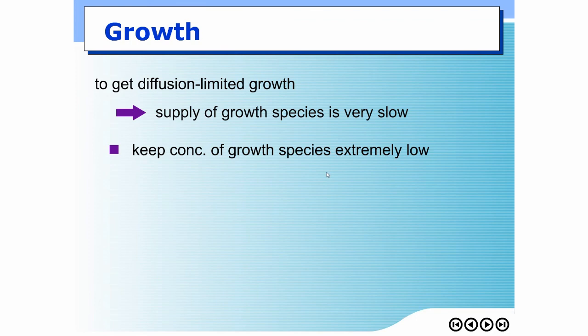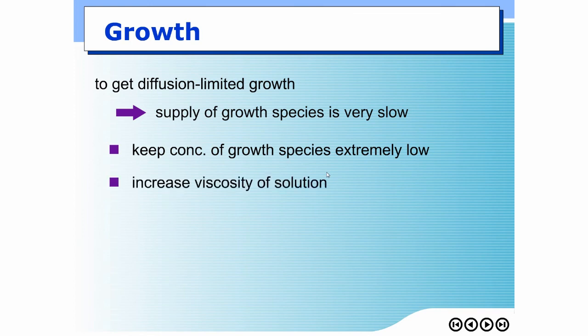First, nucleation takes place before growth. During nucleation, we want the concentration of growth species to be high. For the growth period, we want concentration to be low. So that's why we want the concentration of growth species to be abruptly changed from high to low. That means we want growth species to be consumed almost instantaneously.